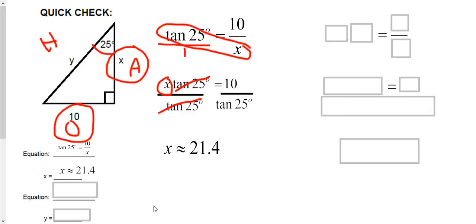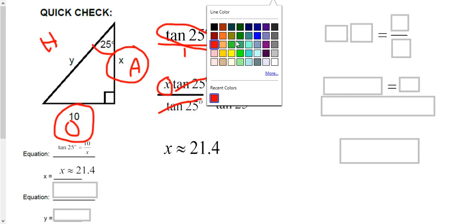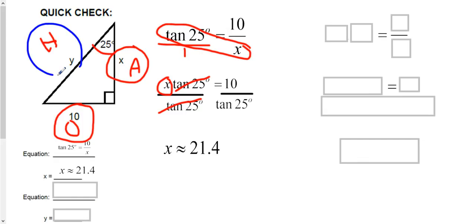Now we're ready to set up an equation for y. So we're using the same angle, the sides are labeled the same way, but which two sides will we use? I think I'll mark these in blue this time. So we got to use the y side because that's what we're solving for. And I'm going to go ahead and use this side, even though I know approximately what this other side is.